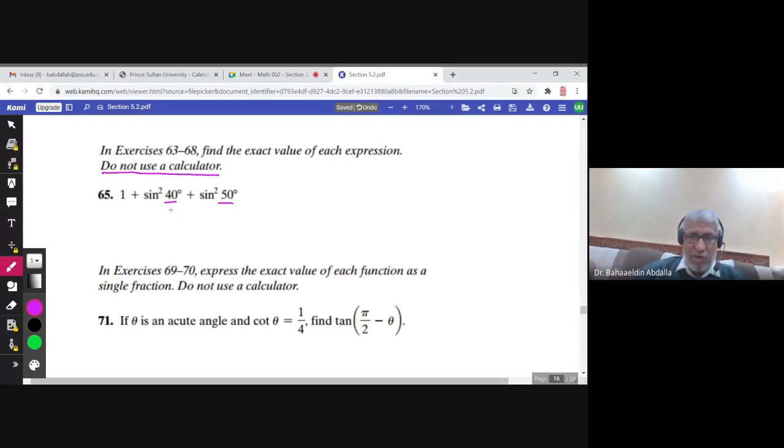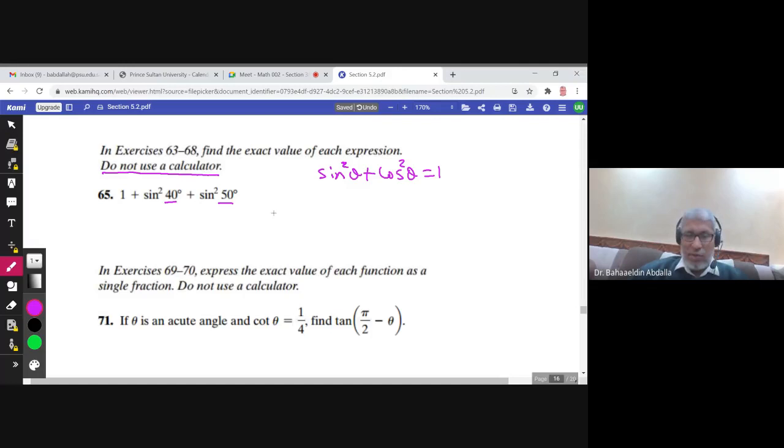But this is not cosine square, this is sine square. So can I change sine square to cosine square? Because we know that sine square theta plus cosine square theta is 1. If I can change sine square to cosine square, this would be 1.